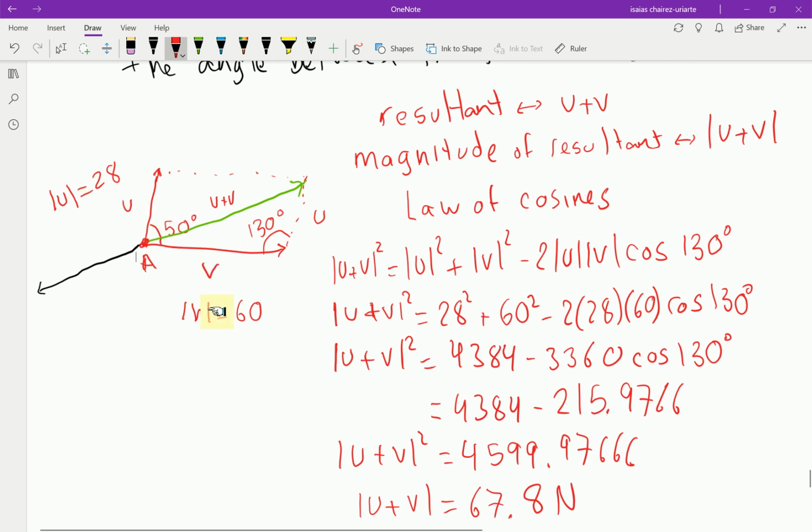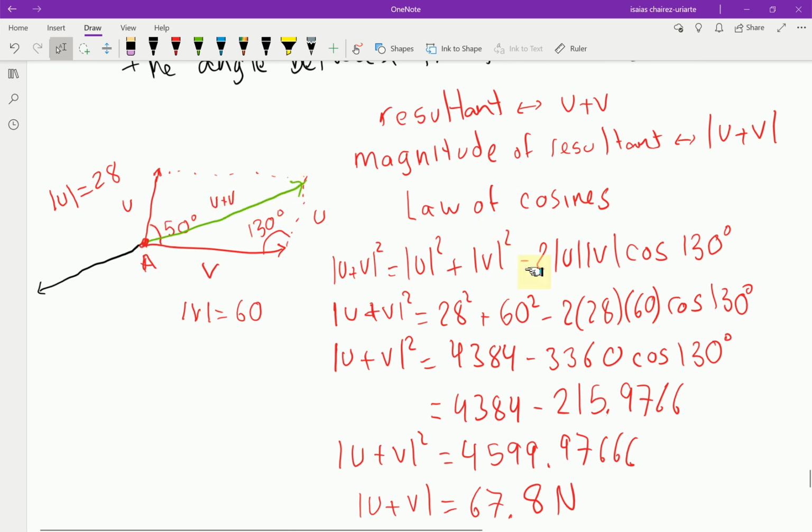The magnitude of V was 60. We're interested in the equilibriant force. The equilibriant is this vector in black. In order to find the force of the equilibriant, we have to find the force of the resultant, because the equilibriant and the resultant in a sense have the same magnitude. They just point in opposite directions. So we had to find the magnitude of the sum.